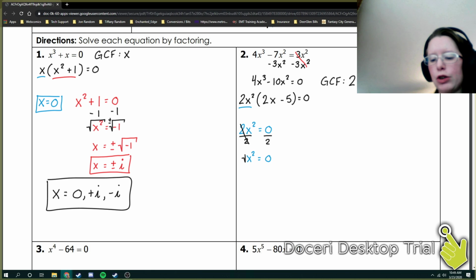Then I'm going to take the square root of both sides, plus or minus. So I get x equals, well, plus or minus 0 doesn't quite make sense, it's just 0. So we ended up with 0 again on this one.